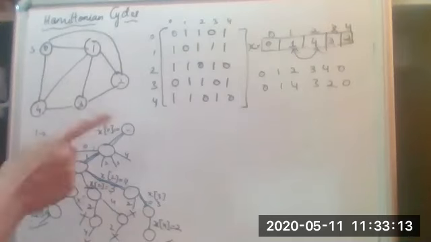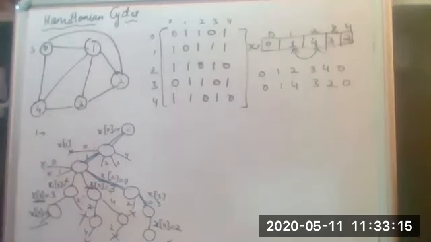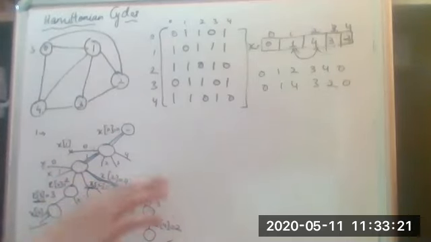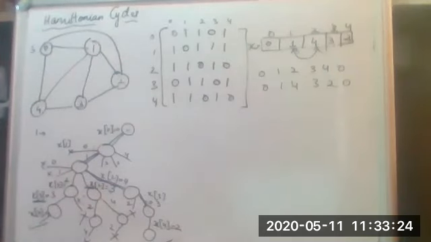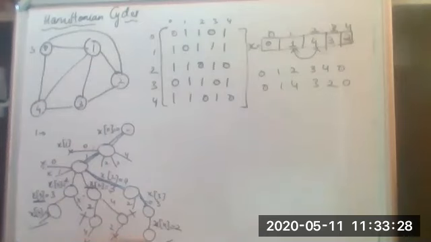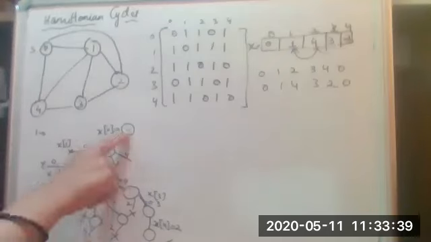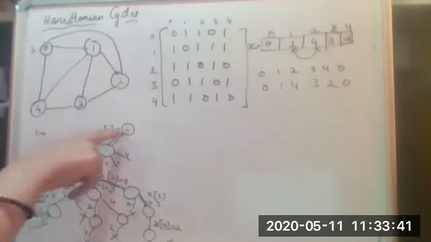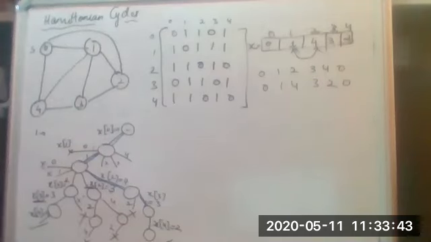Another condition is that if there is a path, does it lead to a further path or not? And if it is the last node, does it connect back to the starting node? That means there is a path from the last vertex that is chosen to the source vertex, in both the two solutions.